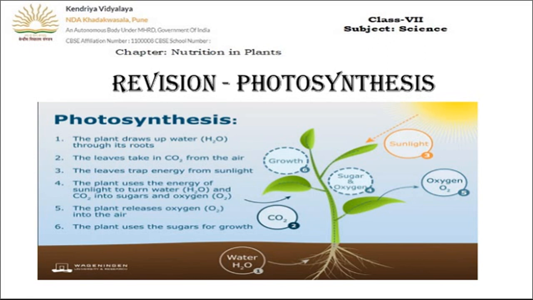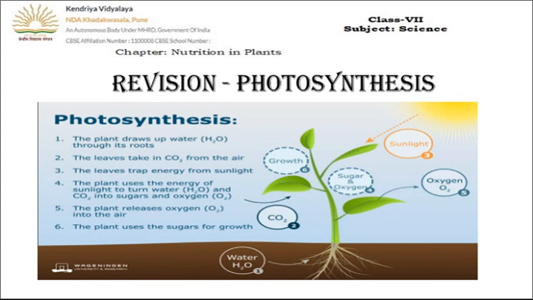Whatever food is prepared in the plant, that is used by the plant for its function. But the extra food which is left out is stored in the parts of the plant, not in the form of glucose but in the form of starch. I hope the complete process of photosynthesis is clear to you all.